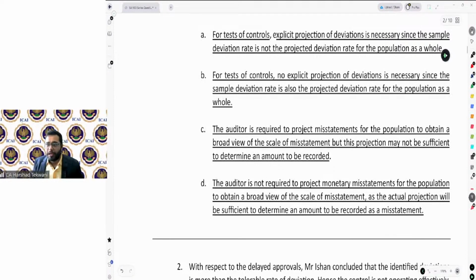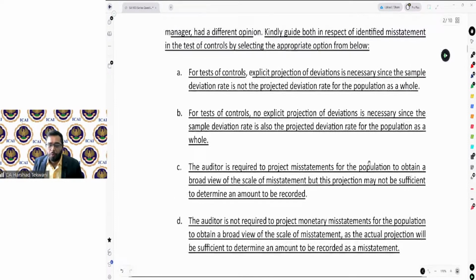So what do you think is the correct option over here? A, B, C, D. Good, Namrata. Okay.